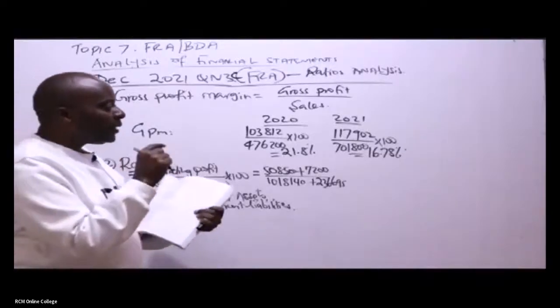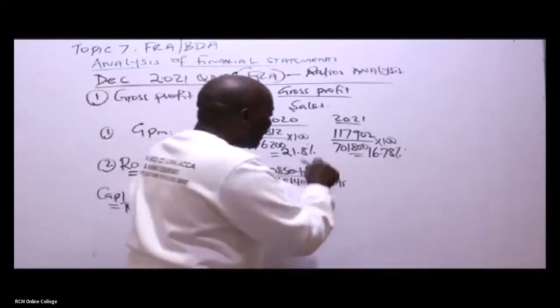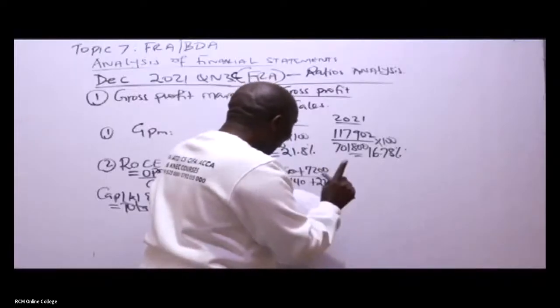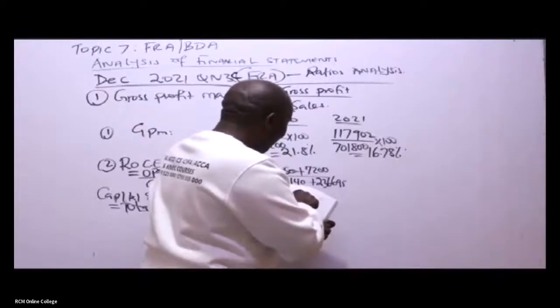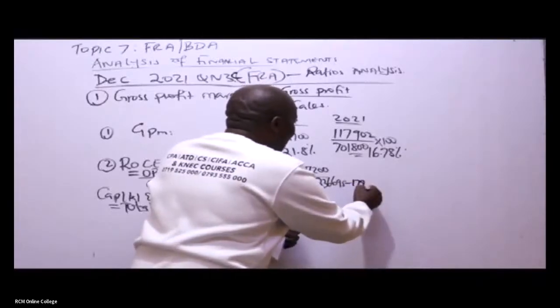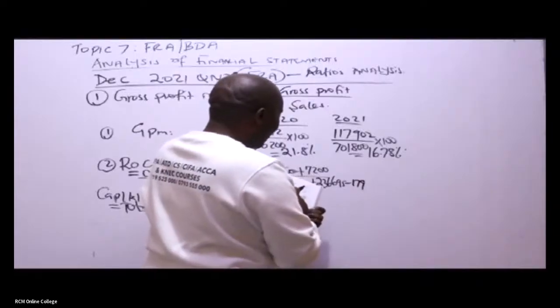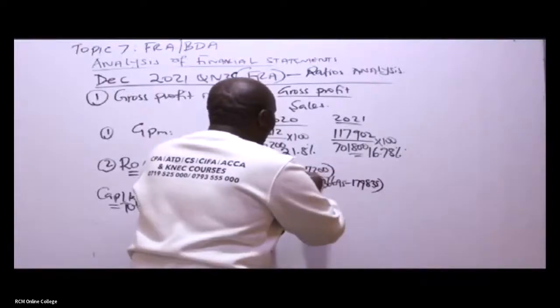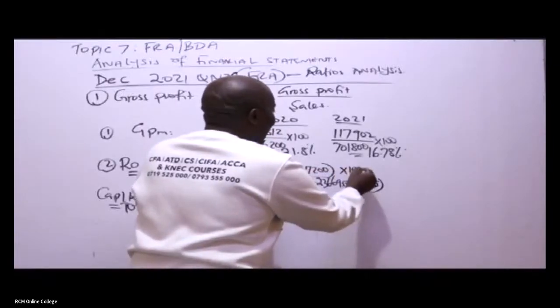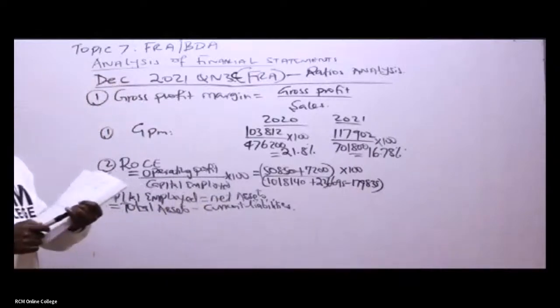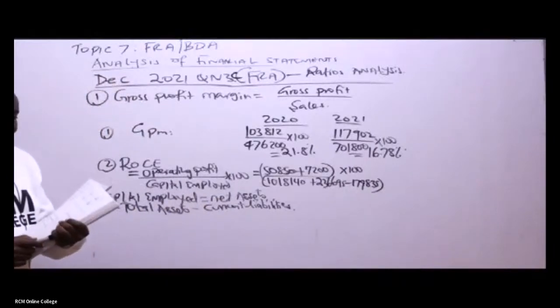So you must always take away the current liabilities. Current liabilities for 2020: we have trade payables and current tax payable, totaling 179,835. Whatever you get here, you multiply by 100 and give me the percentage.